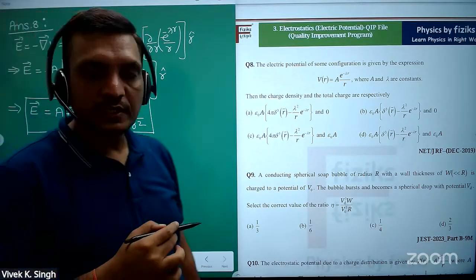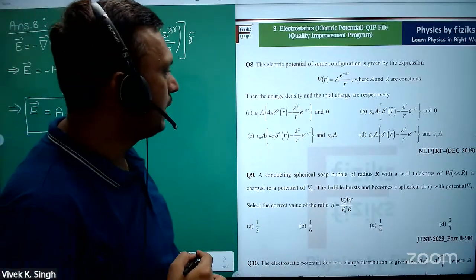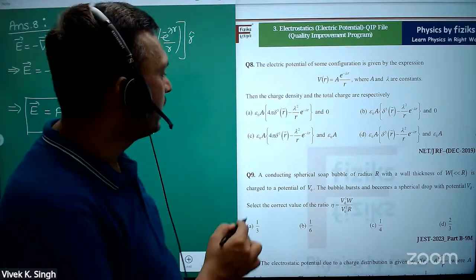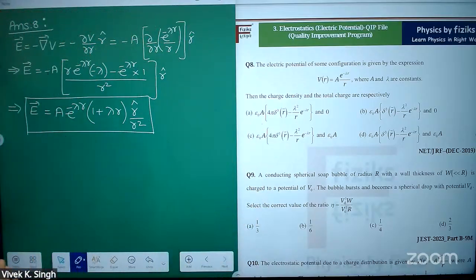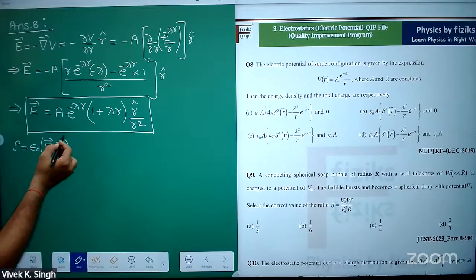And you have to always see, whenever you are getting R cap by R square, and you take the divergence, you will get the Dirac delta function. So charge density rho is given by epsilon naught divergence of E. And you have a scalar into a vector.